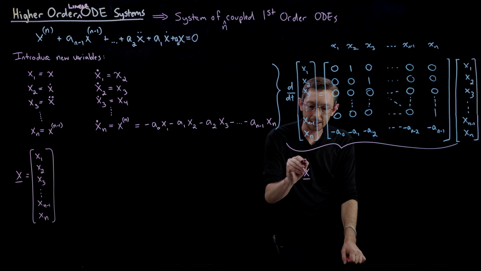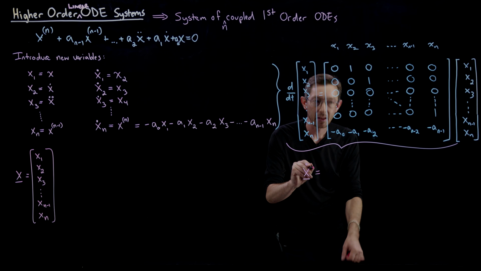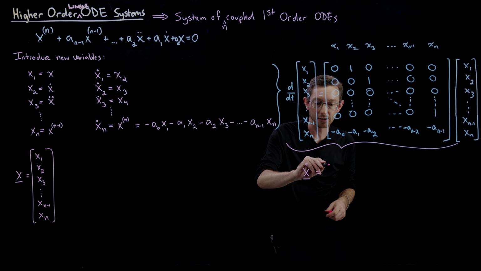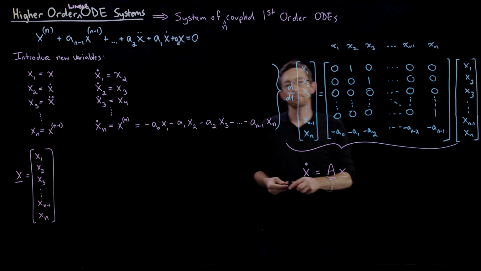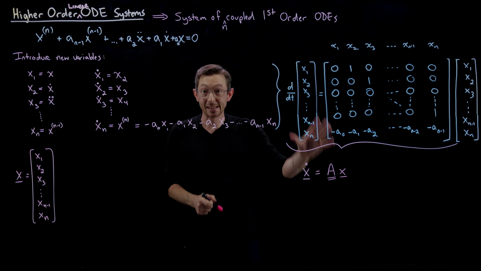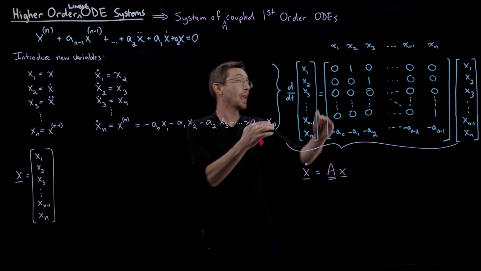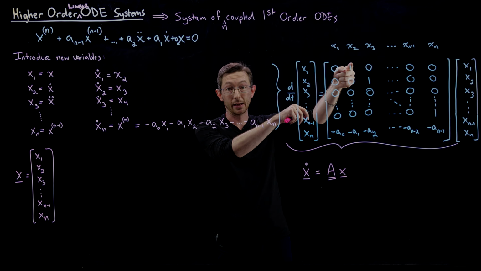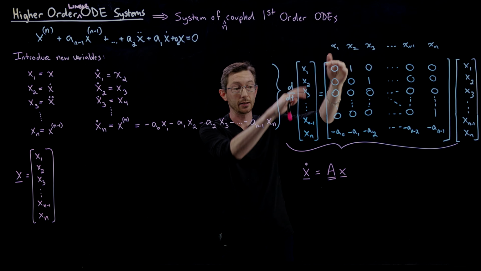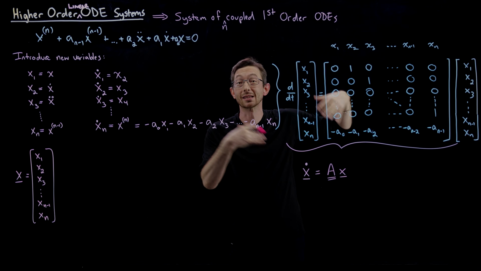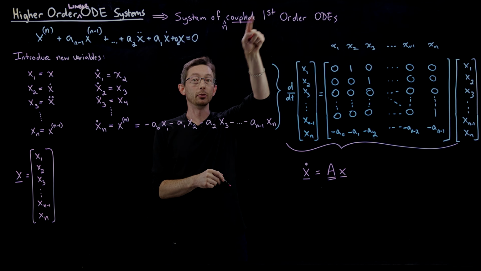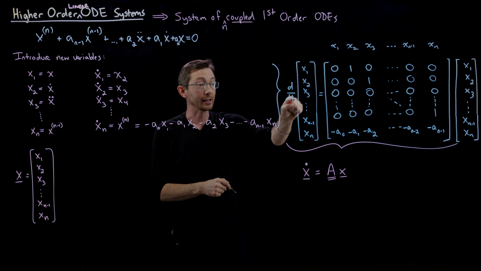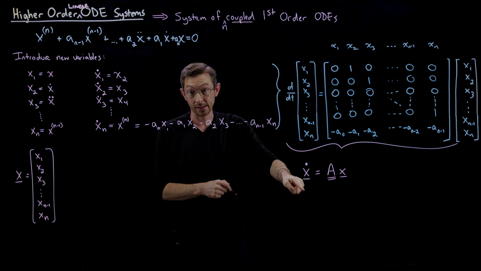And so this x vector dot is equal to this big A matrix times x. So this is a matrix system of equations. They are coupled because x1 depends on x2, and x2 depends on x3, and so on, and xn depends on all of them. There are n coupled first-order equations because I'm only taking a single time derivative of any of these states.